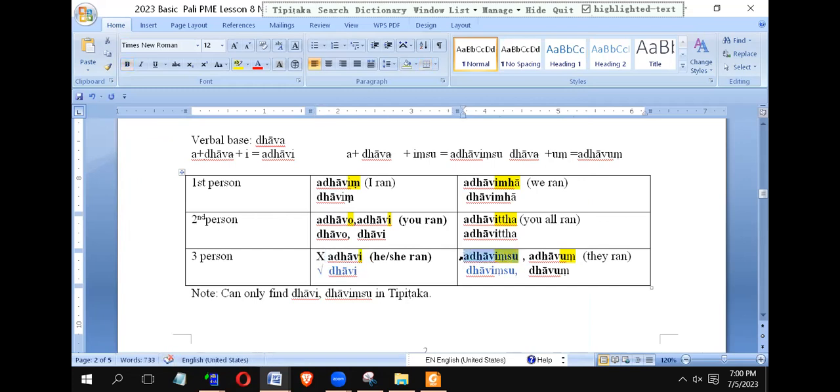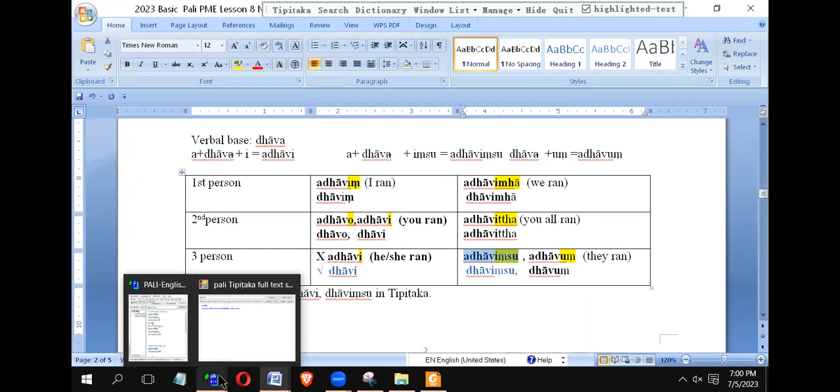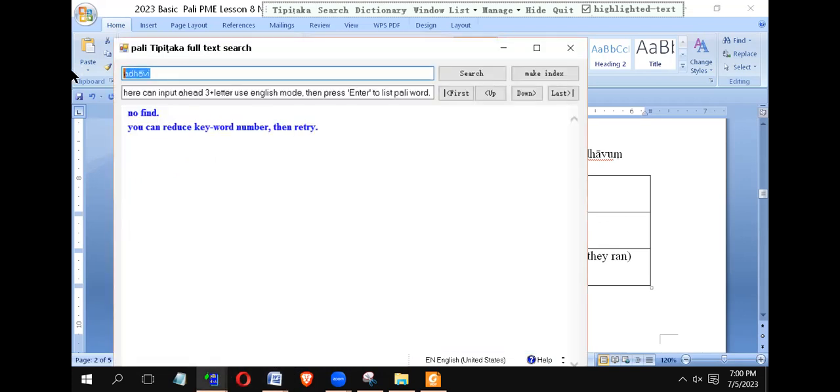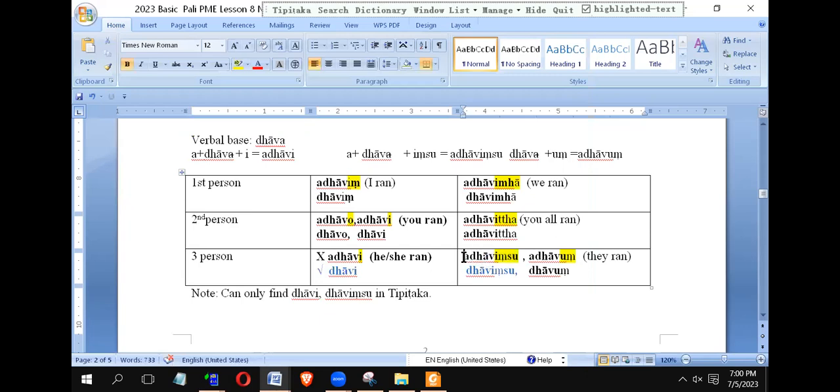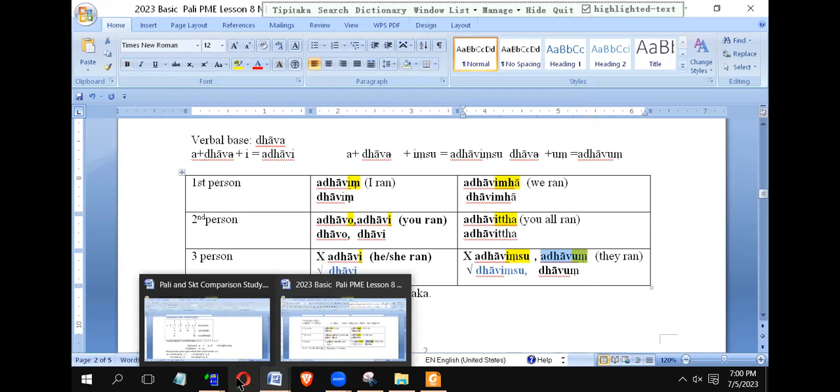So adawinsu, dawinsu. Which one is possible here? Okay, so this cannot be found, but dawinsu is possible. So this means that this form cannot be found, but this form is more possible. So all these are variants. So adawum, can we find adawum?